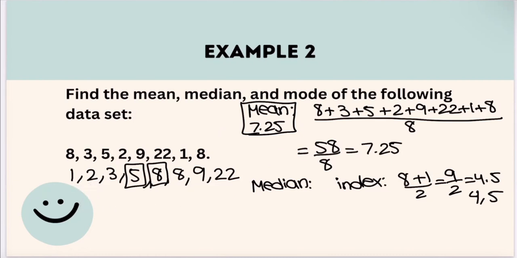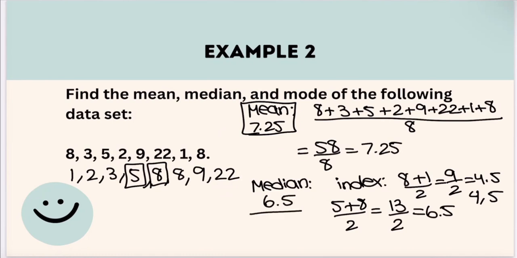So how do we find the median in the event that there's 2 middle numbers? Well, we take the average of just those 2. So not the whole data set, just those 2. So to do that, I'm going to do 5 plus 8 divided by 2, which is 13 divided by 2, which is 6.5. So a little bit below the mean there.